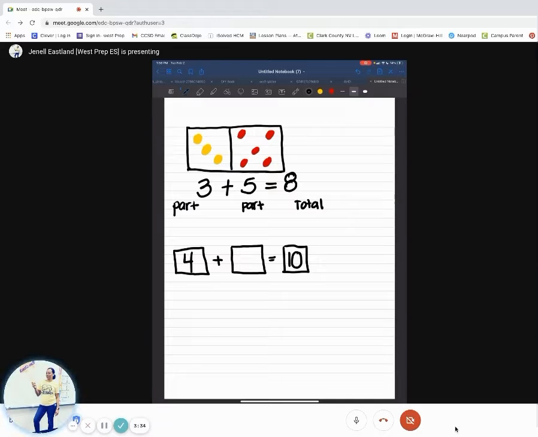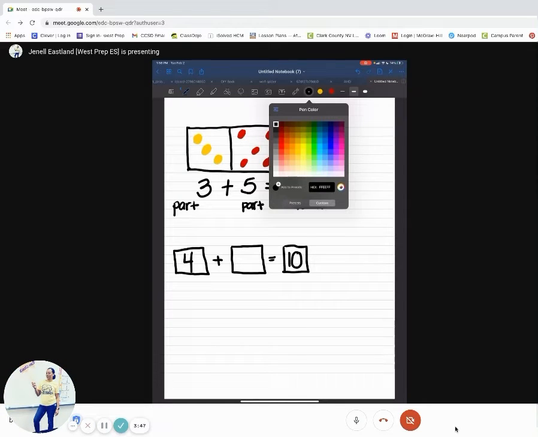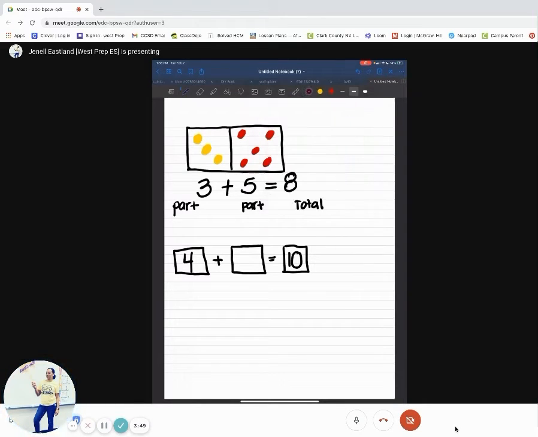And I purposely set it up in the way that I did because we just talked about the total, right? So my total is what in this problem, guys? What number is my total? Who can tell me? Is the 4 my total?